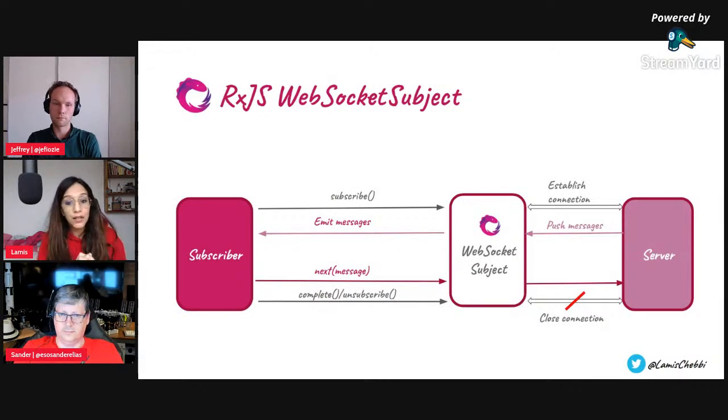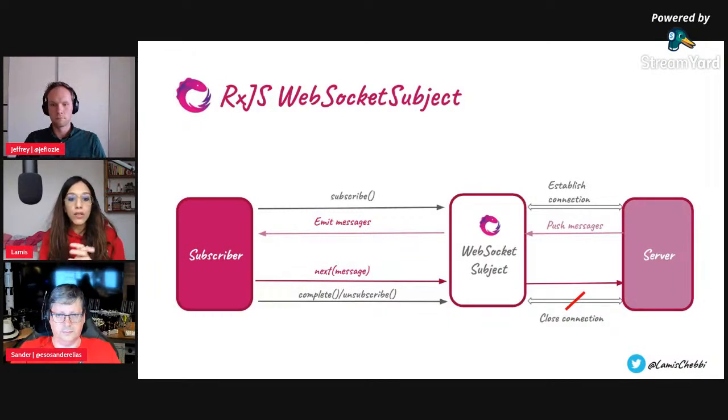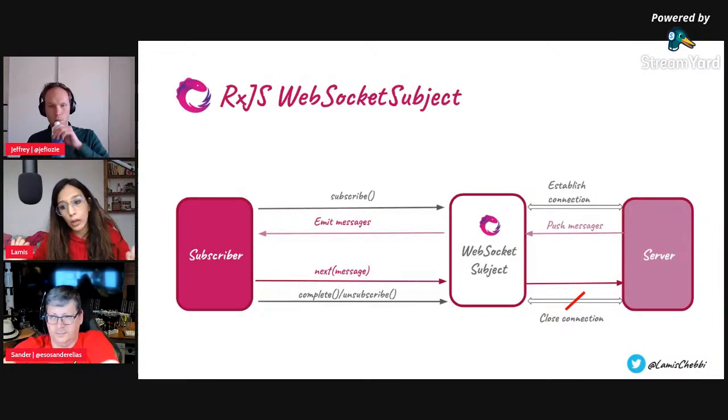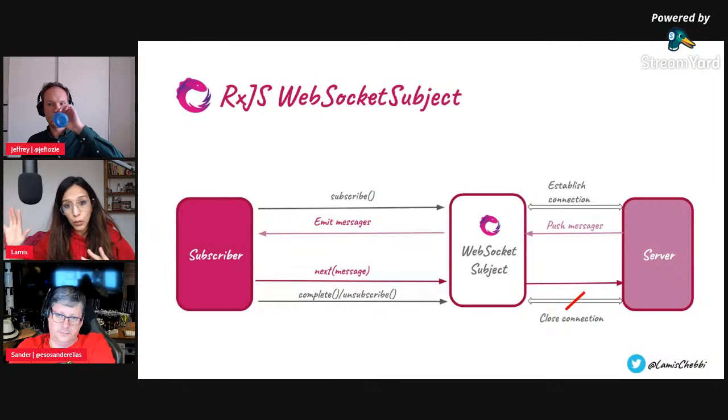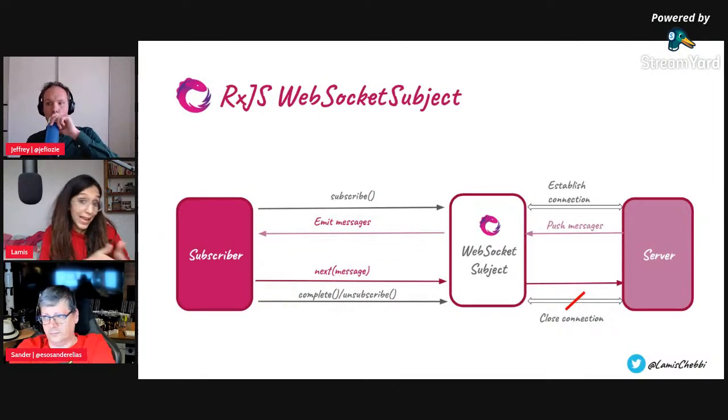And here is the life cycle. You have here the WebSocket subject, this is the server, and here is the subscriber. First of all, you should subscribe to this WebSocket subject. I got this WebSocket subject by calling the factory function. Now I need to subscribe in order to establish the communication with the WebSocket endpoint. There is no connection before subscription, and it totally makes sense.